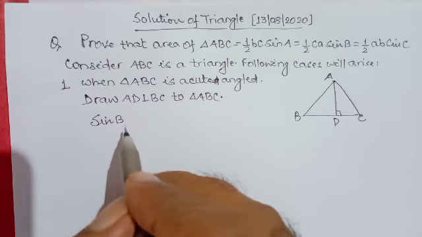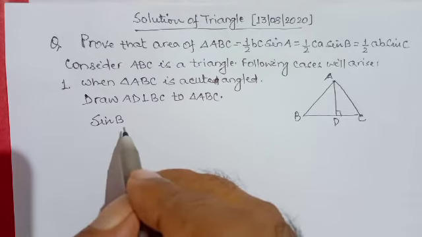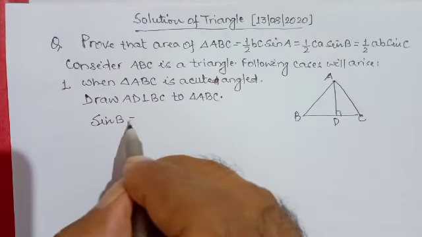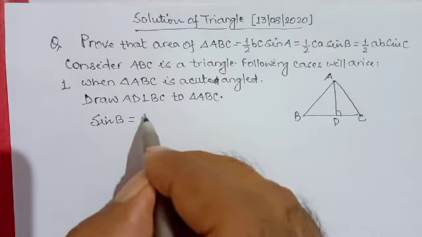Now, from the triangle, calculate sin B. Sin B means perpendicular by hypotenuse. So sin B is equal to AD upon AB.